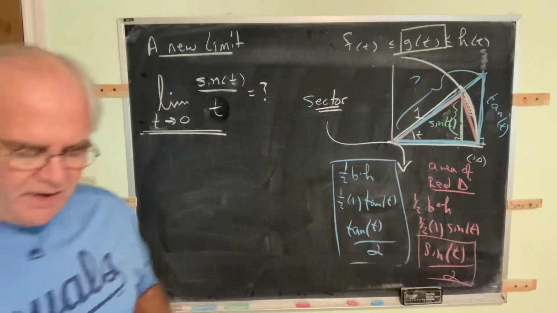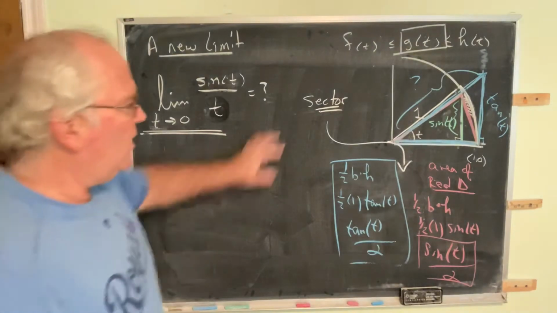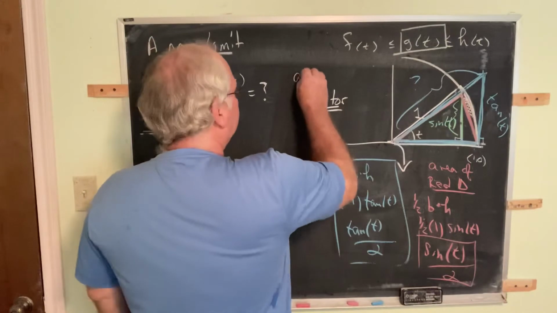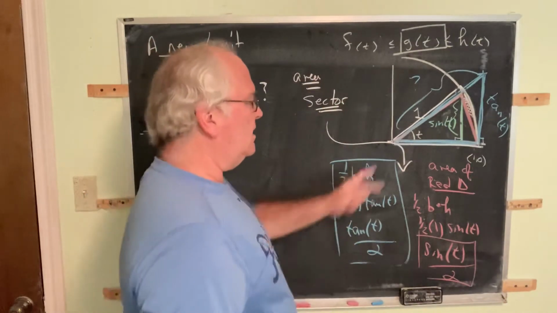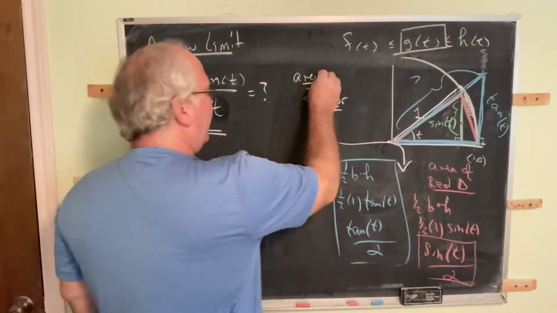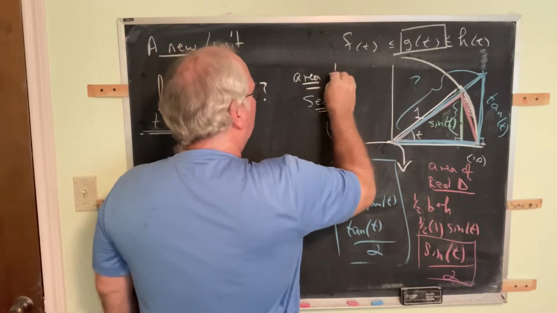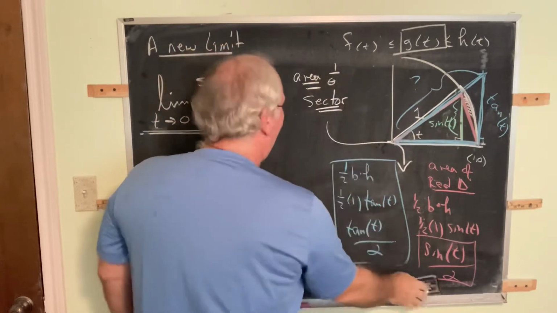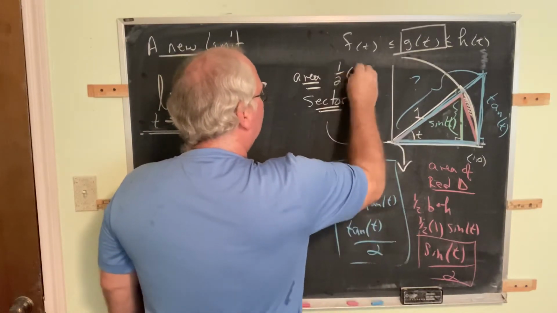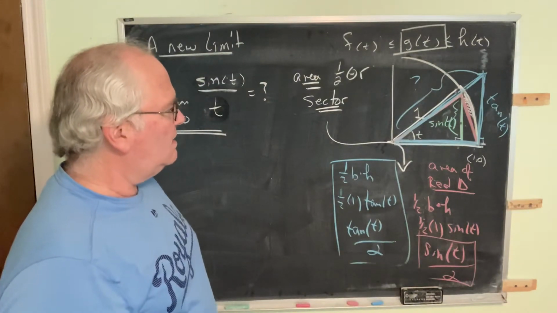Now, from our glory days in basic geometry, or basic trigonometry, we know the area of a sector, if we're measuring the angle in radians, and we are, is 1/2 theta times the radius squared.